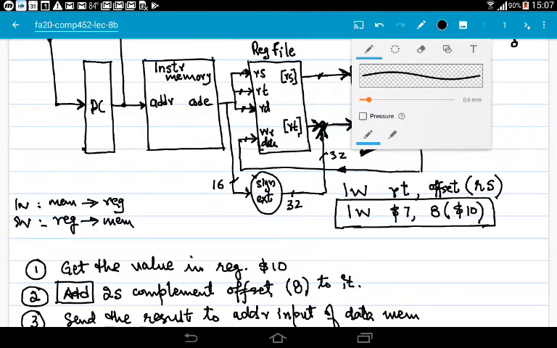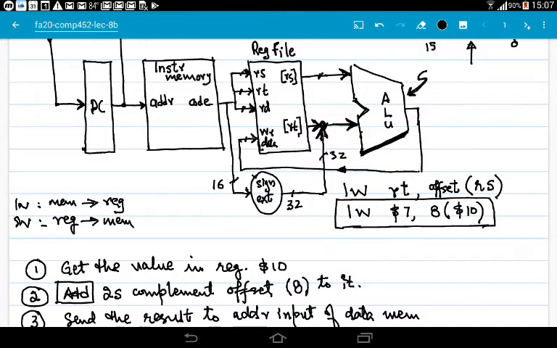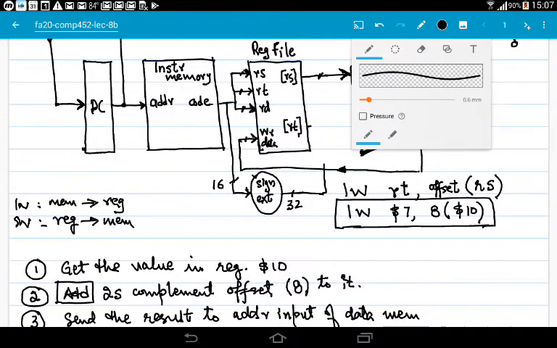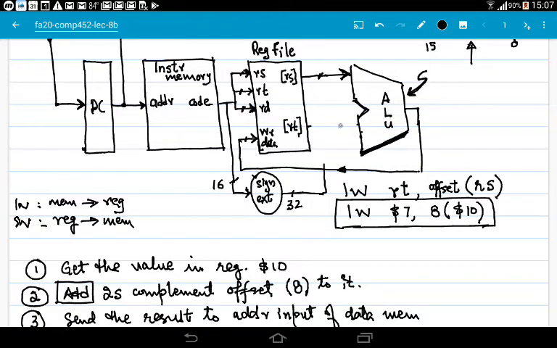Now we are going to first erase this stuff here to make some room, and draw our new multiplexer here. So this value is going to go into that.